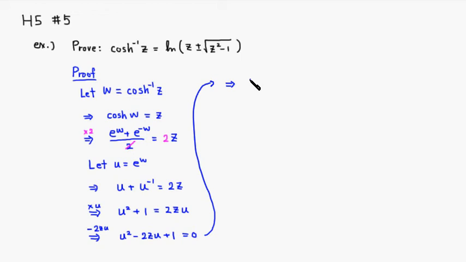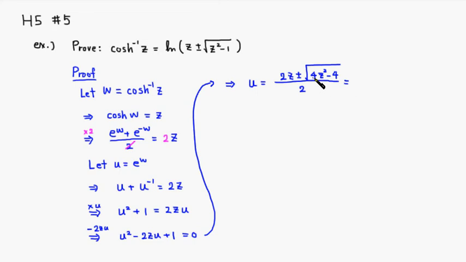So u is going to be equal to negative b, so it's going to be 2z plus or minus the square root of negative 2z squared, which is 4z squared, minus 4, where a is 1 and c is 1, over 2 times a, and a is 1, so that's just 2.